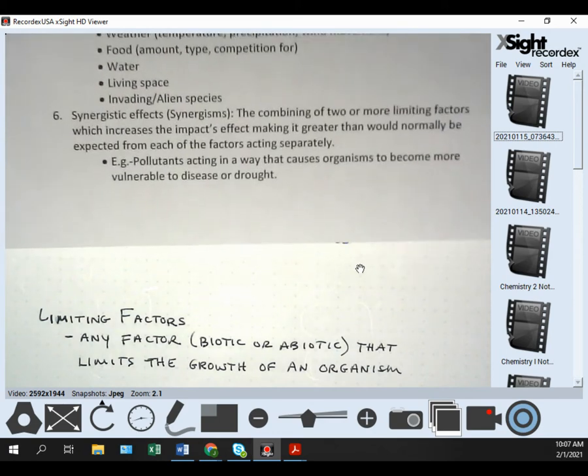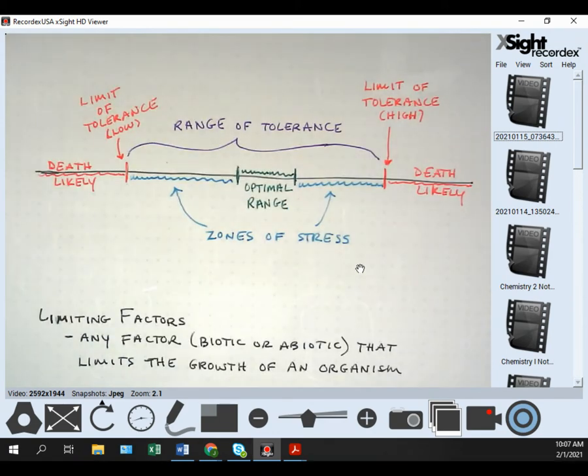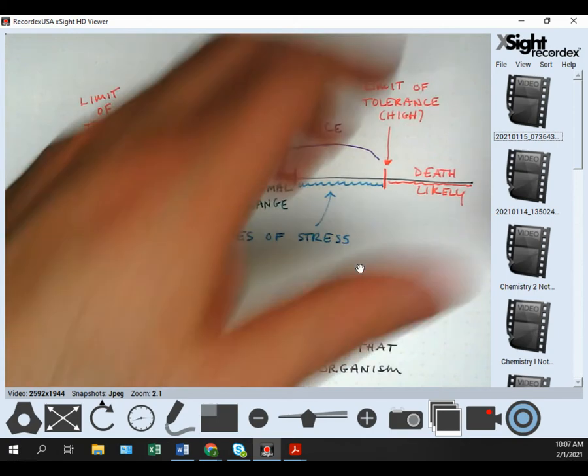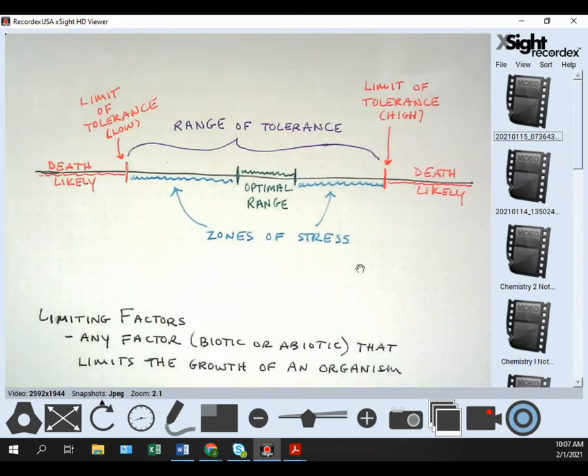The best analogy I can use for synergistic effects is, sometimes they'll talk about a sports team that overachieves. If you look at any one person in any position on that team, you wouldn't necessarily say they're a superstar.